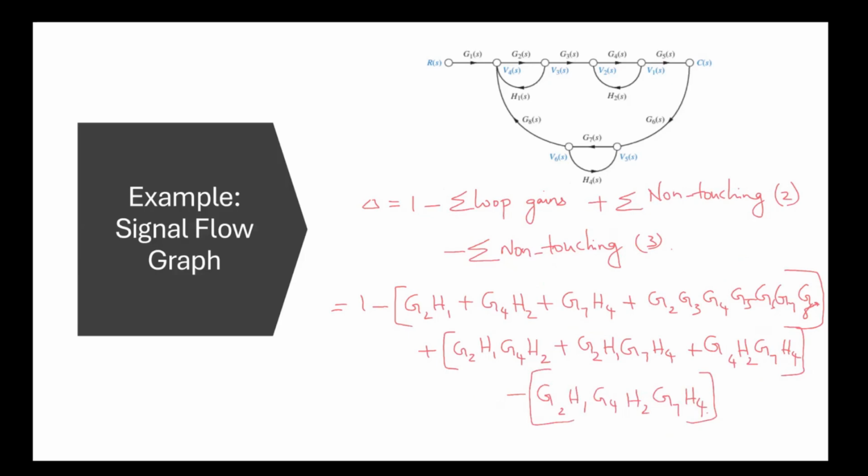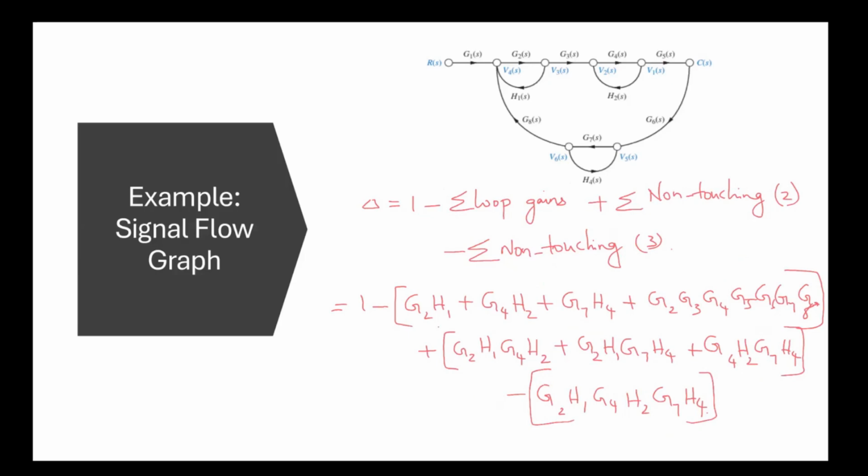To calculate delta, we use this formula: 1 minus summation of the loop gains plus summation of non-touching loop gains taken 2 at a time minus summation of non-touching loop gains taken 3 at a time. After substituting, we get 1 minus G2H1 plus G4H2 plus G7H4 plus G2 into G3 into G4, G5, G6, G7 and G8.